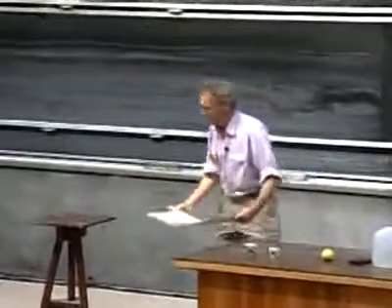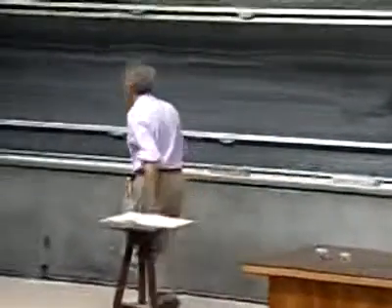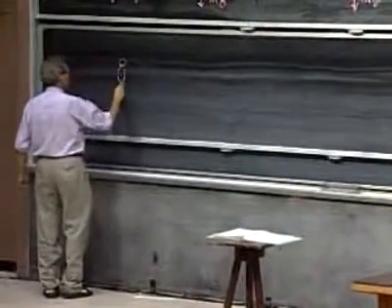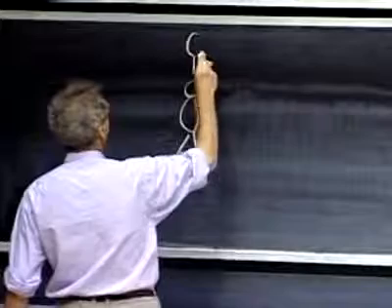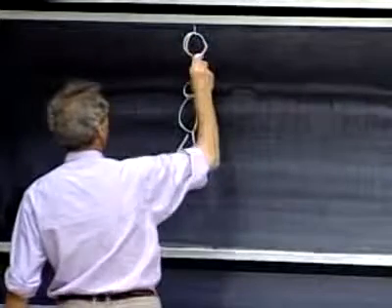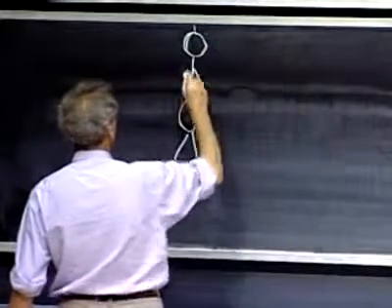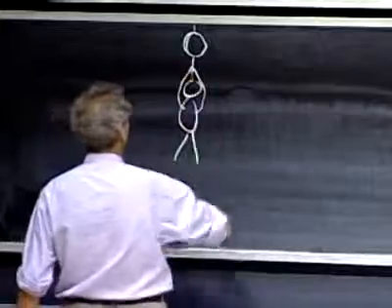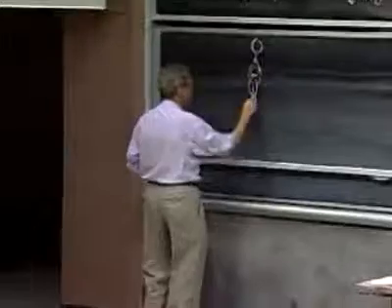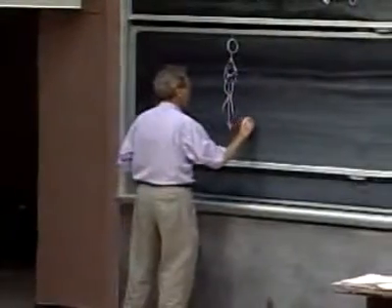So now, instead of standing on a bathroom scale, you are here. Here is a string. You might even have in the string a tension meter, as we have seen earlier in lectures, and you're holding desperately onto that string. Just like that. The system is not being accelerated. Gravity is mg.